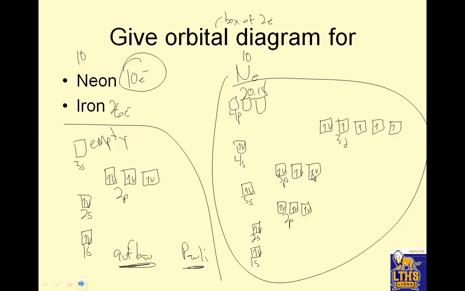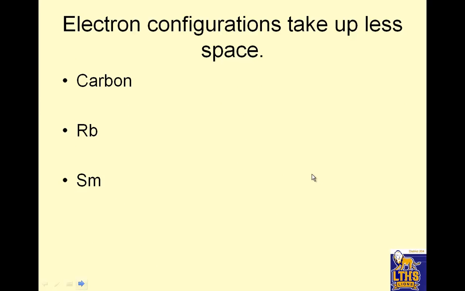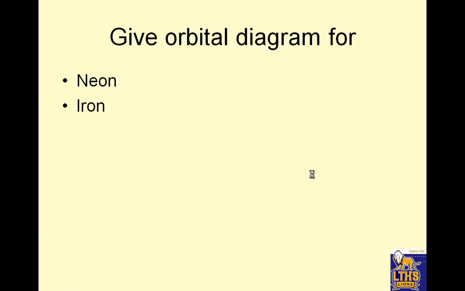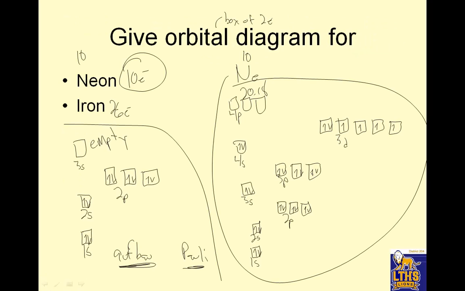And that's okay. Electron configuration is taking up less space. Now if I were to write the electron configuration for neon, it would be 1s2, 2s2, 2p6. Why 6? 2, 4, 6.